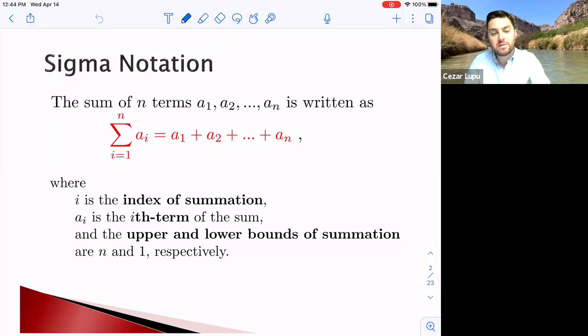In other words, it says sum all those ai's with i being indexed from 1, so starting from 1 all the way to n. So you add them up, a1 plus a2 plus an. So that's what you do. So this is the sigma. Let me write it here.